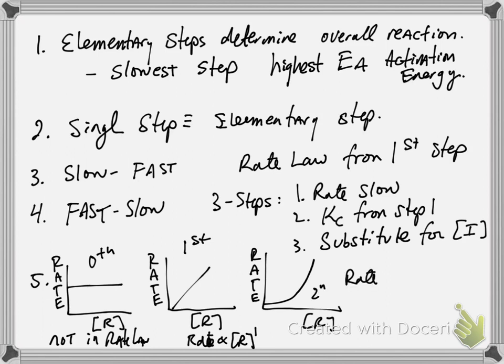Second order, which is quadratic, would be proportional to the square, but it must have an exponent of 2 to have this shape.